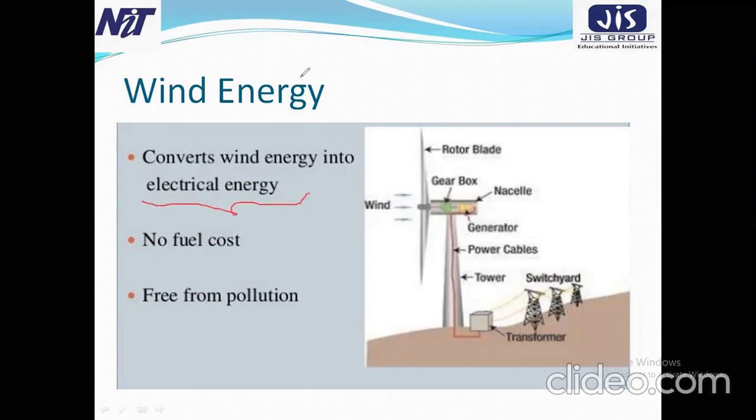Now it has some other advantages, like no fuel cost, because no fuel is used to run the blade of the wind turbine.